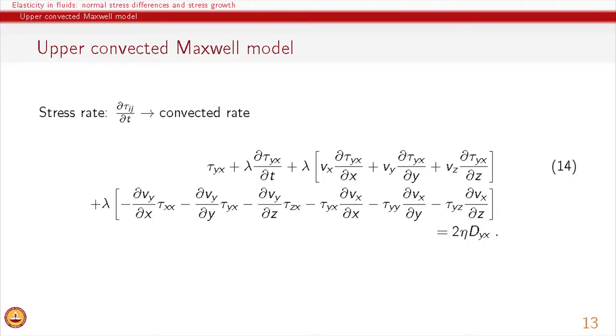And to account for such large deformation response of materials, we need a model which is also nonlinear, and the example that we will look at now is the upper convected Maxwell model.